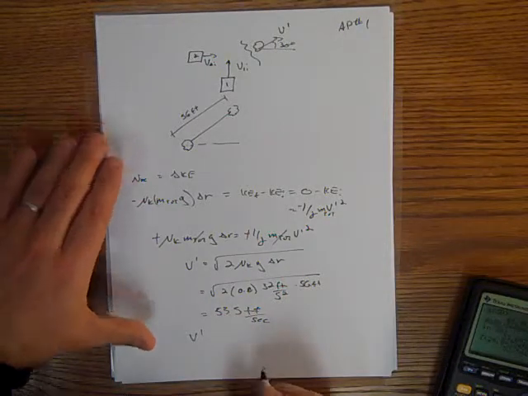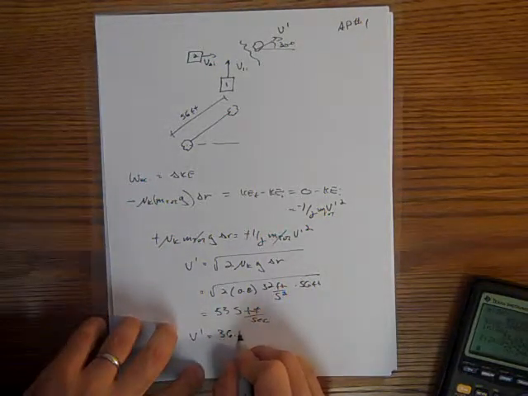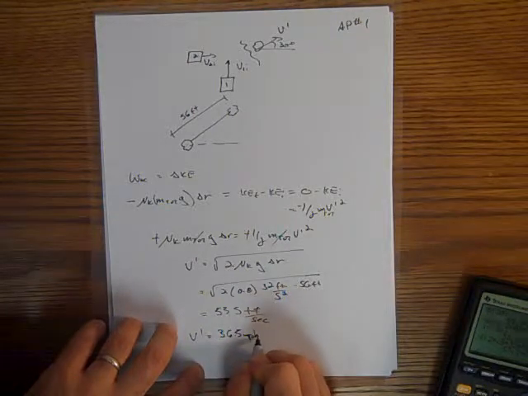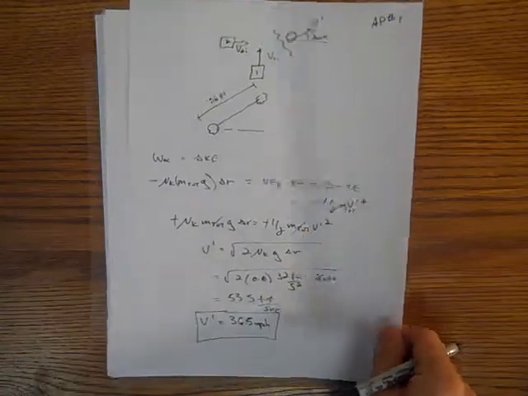If you convert that into miles per hour, that's 36.5 miles per hour. So we know the speed of the wreck after the collision.